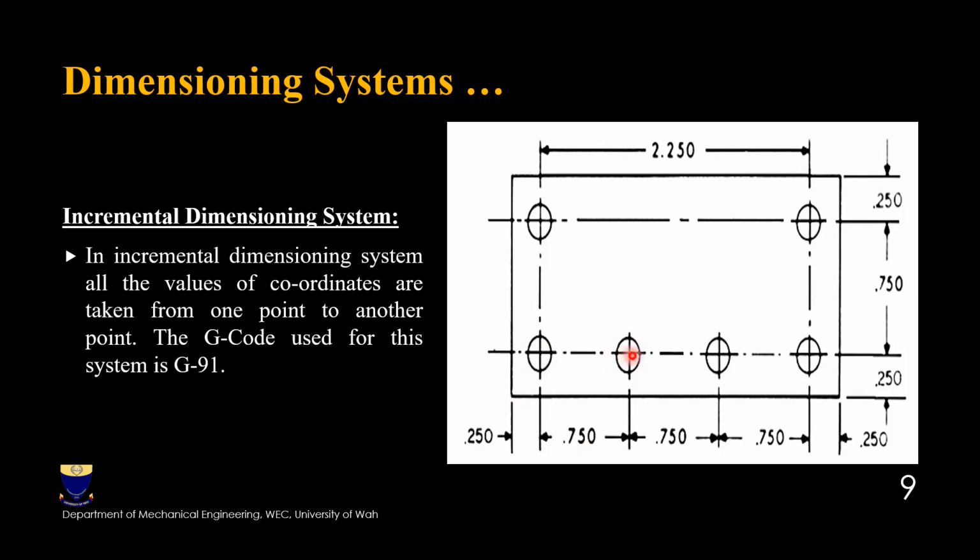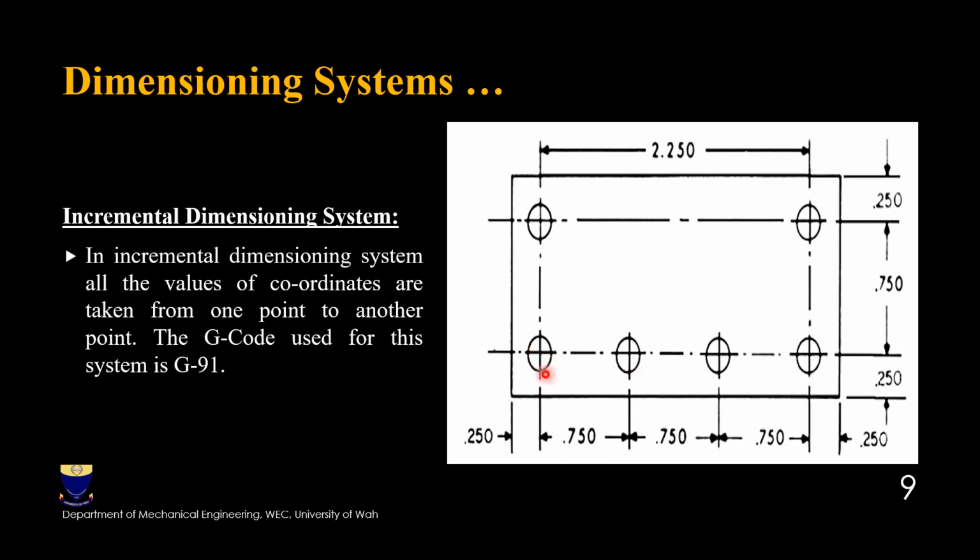If that is the case of absolute dimensioning, this point would be x is 1, that is 0.25 plus 0.75, but y is 0.25. So there is a difference between incremental dimensioning and absolute dimensioning. So I would like to discuss here what are the disadvantages of incremental dimensioning over absolute dimensioning.